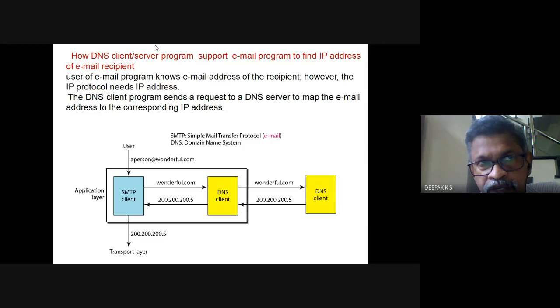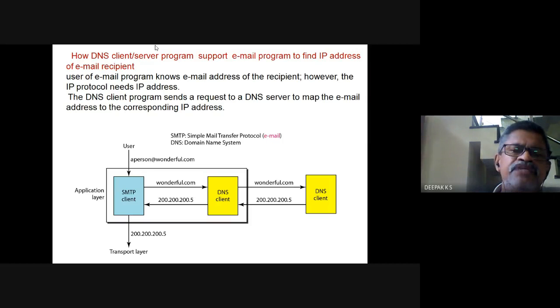You know the name of the recipient in terms of English words. However, you don't know the IP address. So to find the IP address, this email program could use this DNS program. The user of the email program knows the email address. However, the IP protocol needs an IP address.